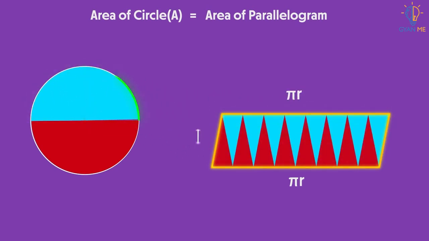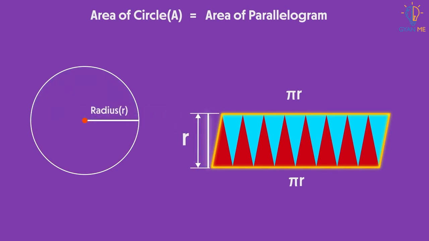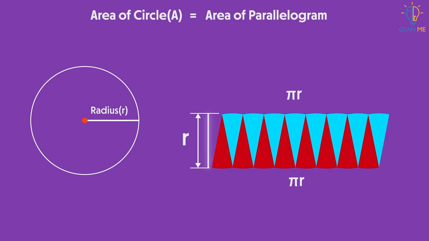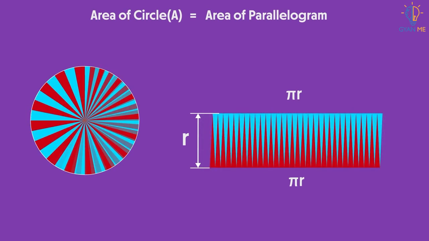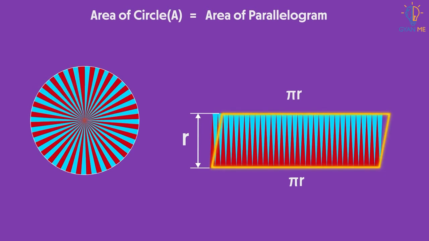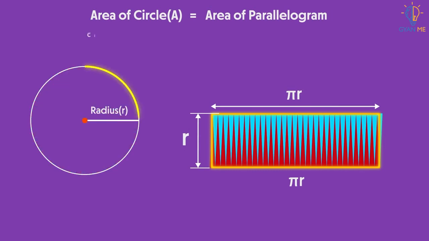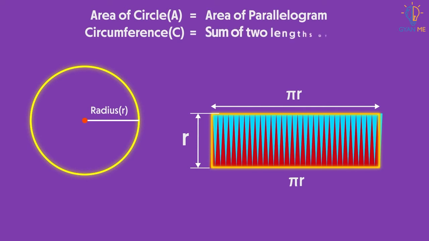Also, observe that breadth of parallelogram is equal to radius of the circle. Now, if the size of sectors are made smaller and smaller, we find that the parallelogram will eventually look like a rectangle with length equal to pi r and breadth equal to r, and the circumference of the circle is equal to the sum of two lengths of rectangle.